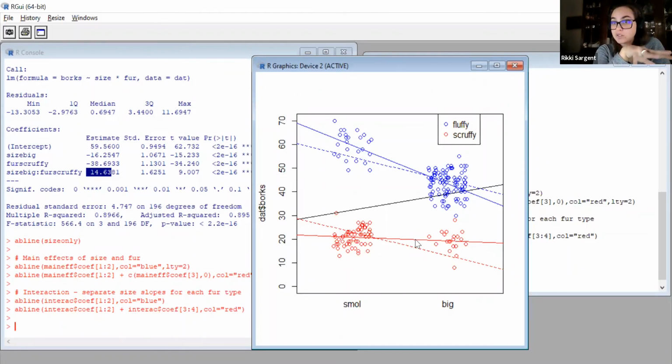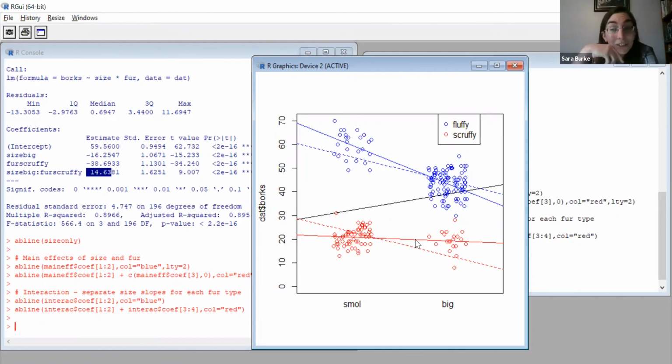That's a huge difference in the conclusion you would make. Well, it's a difference in the information you have. It's a difference in what size appears to be doing in your theory, right?